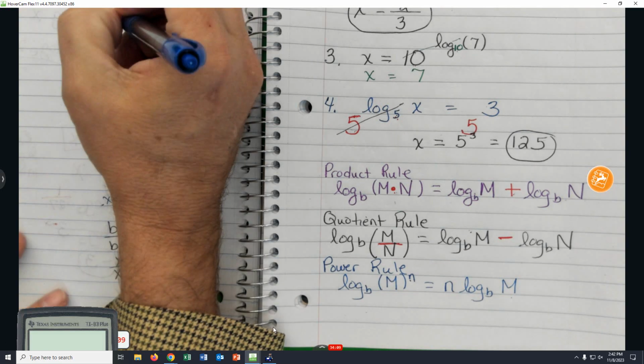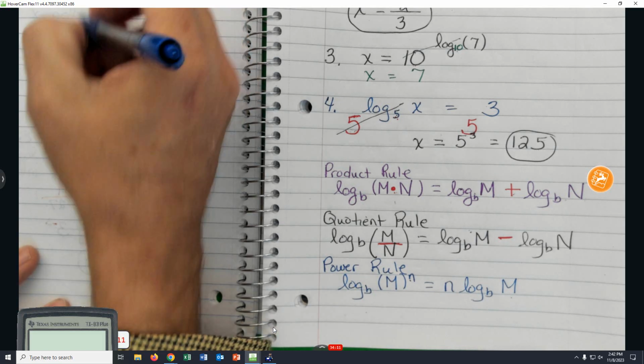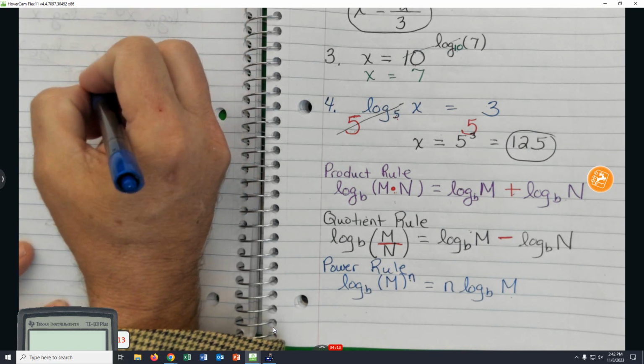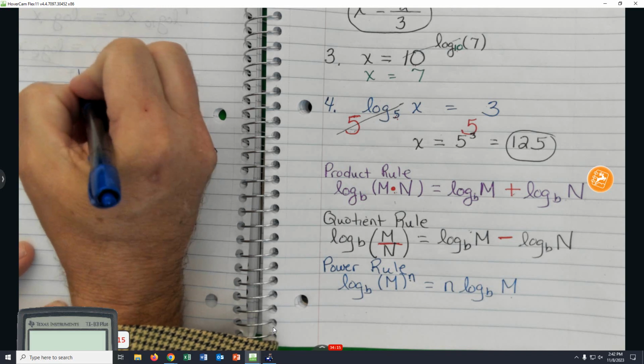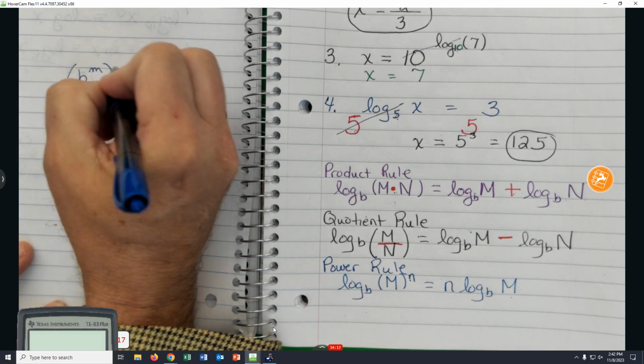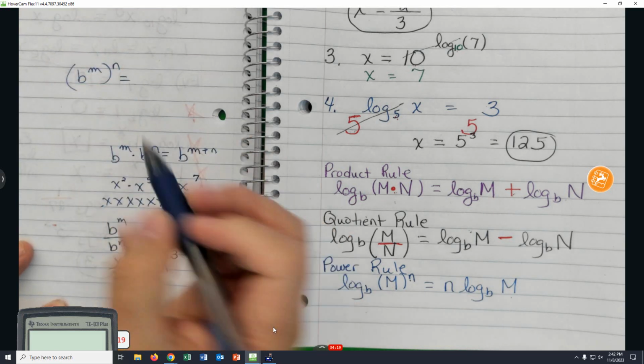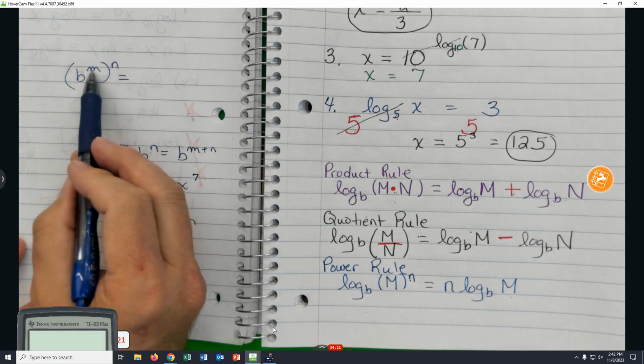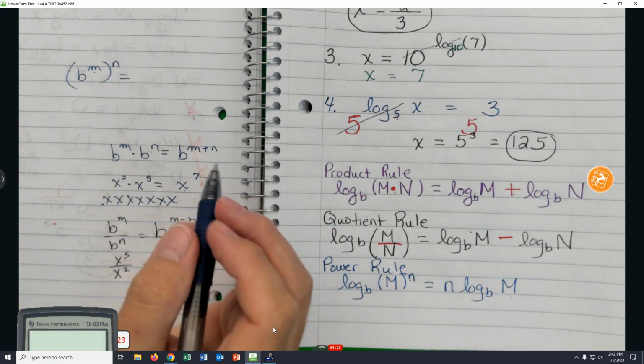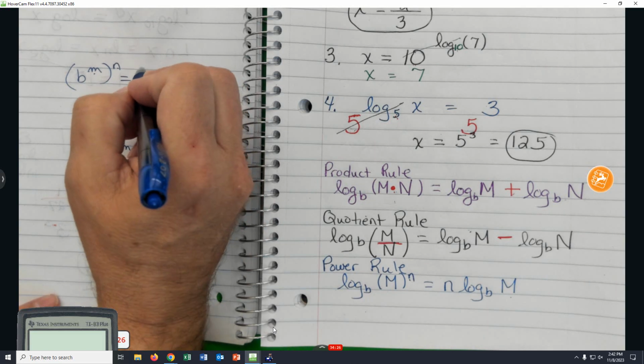We call it the power rule of exponents. If we have something like b to the m raised to the n power, a power raised to a power, what do you do? I recall this happening the last time.